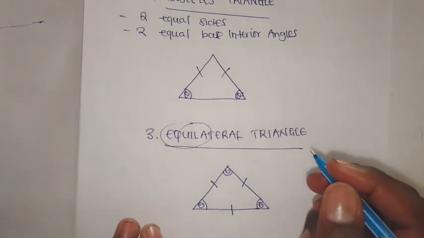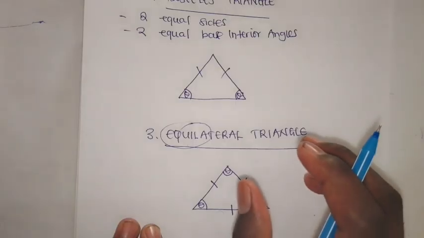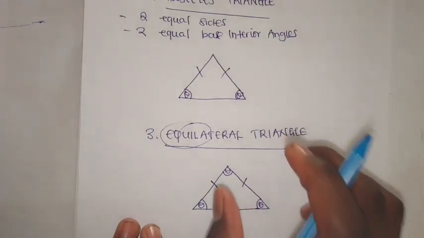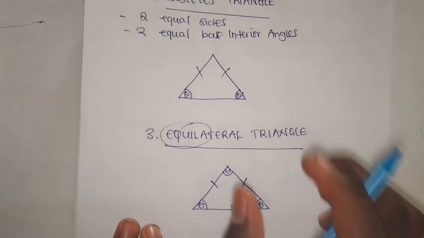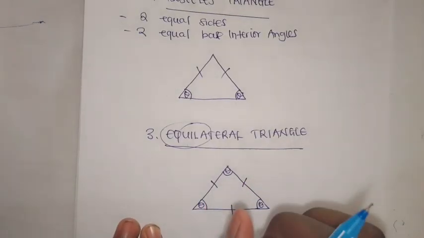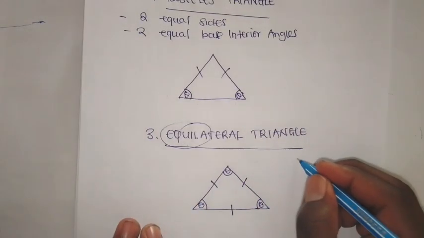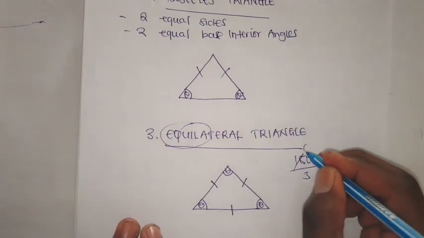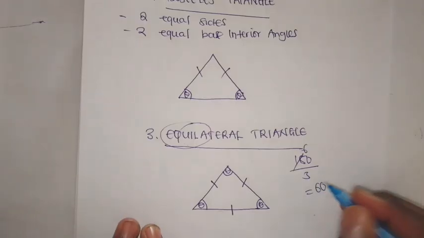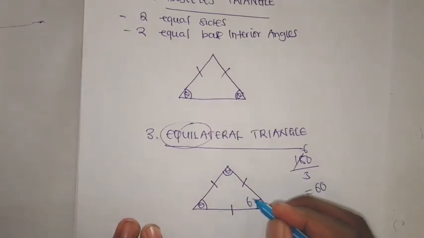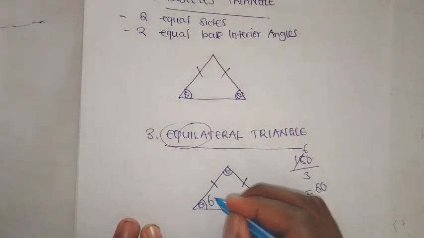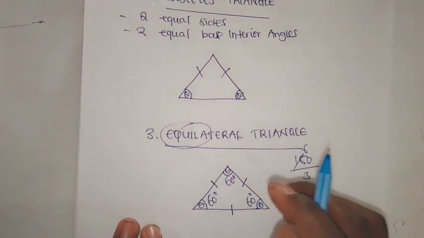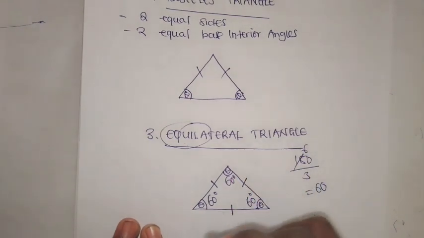Now since the interior angles of a triangle add up to 180, we are going to divide 180 by 3, and we get 60. Meaning this is 60 degrees, this is also 60 degrees, this is also 60 degrees, since the triangle adds up to 180.